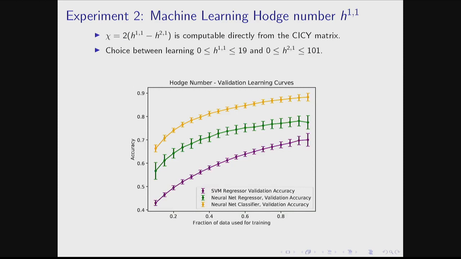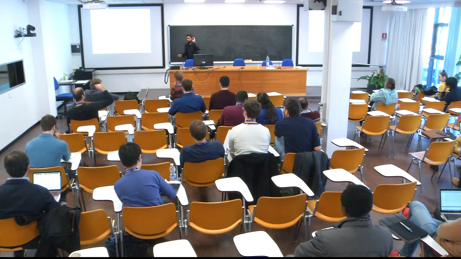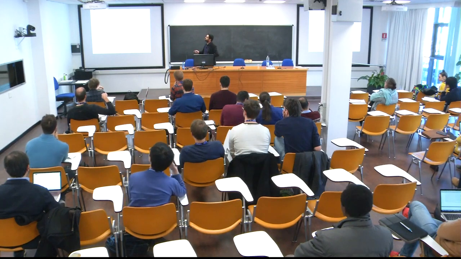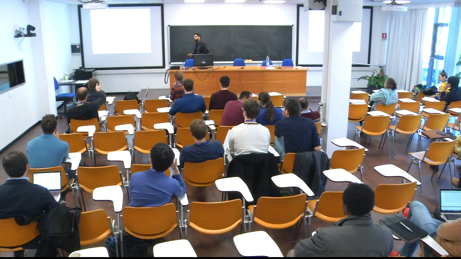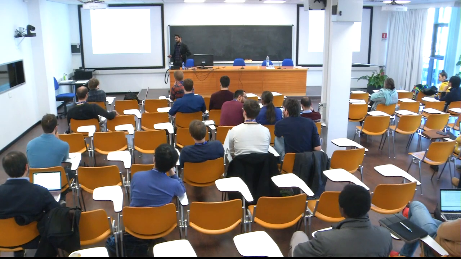Yeah, sorry. So the SVM regressor, I mean, 60% are favorable, so in 60% of the cases, the answer is just the number of... Sorry? 60% of the cases are favorable. Well, we have moved on to learning Hodge numbers now. Yes. 60% of the classes are favorable, so in 60% of the classes, the answer for H11 is just the number of P1s.